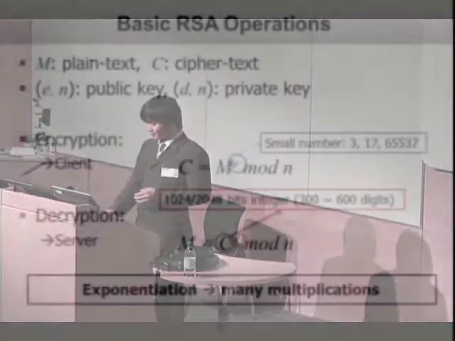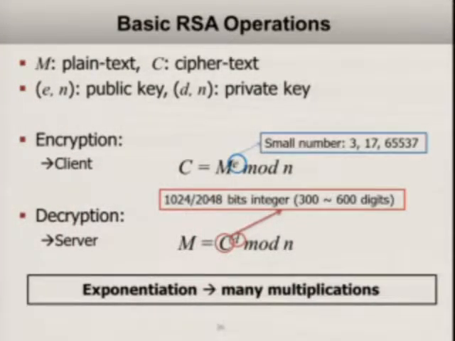So calculating this modular exponentiation in decryption takes a lot more computation than encryption, and typically the server performs the decryption for SSL processing, so it is the bottleneck on the server side. Exponentiation is basically lots of multiplications, and these multiplications are on large integers, like 1K or 2K bits as well. So for faster calculation of RSA, we parallelize these multiplications.